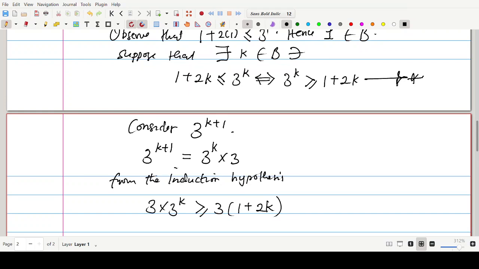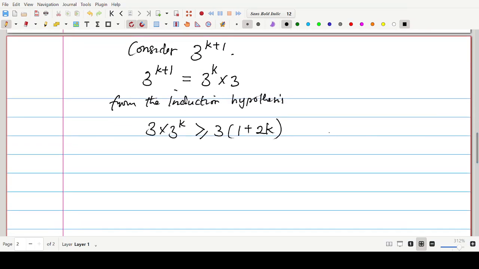All right. That is to say, 3 to the power k plus 1 is bigger than or equal to 3 plus 6k. Now observe that 3 plus 6k is far bigger than 1 plus 2 times k plus 1.